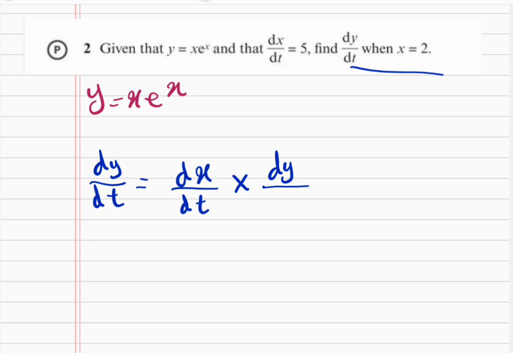But what we want to get rid of is dx, because dy/dt doesn't have dx. So dx goes to the denominator, and when we simplify, the dx cancels with this dx, and we are left with dy/dt. And that's exactly what we want.